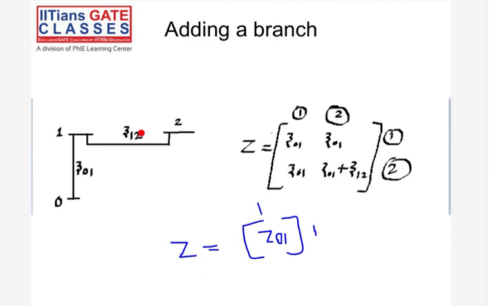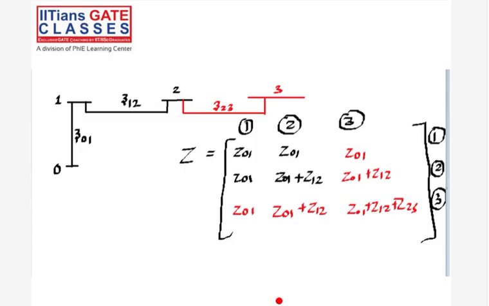Then, when we had to add the second element, we saw which existing node this element is connected to. It is connected to 1. So we repeated the row and column for 1, and to the diagonal element of 1 we added the value corresponding to the new element. Similarly, we looked at the third element.